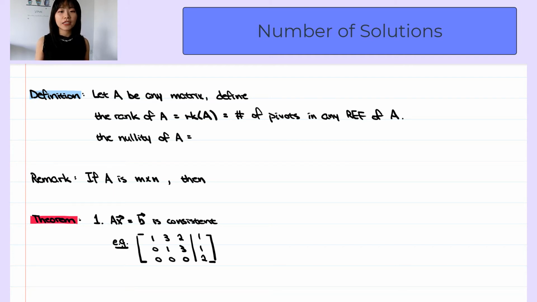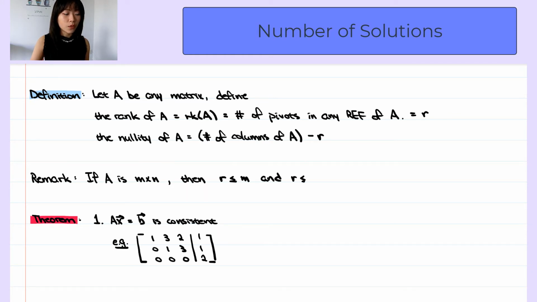So it is the opposite of the rank of A. I named R the rank of A. And a quick remark, since we can only have one pivot in a row and in a column, for any matrix A of size n by n, the rank of A, R, must be smaller than or equal to the number of rows, and smaller than or equal to the number of columns.